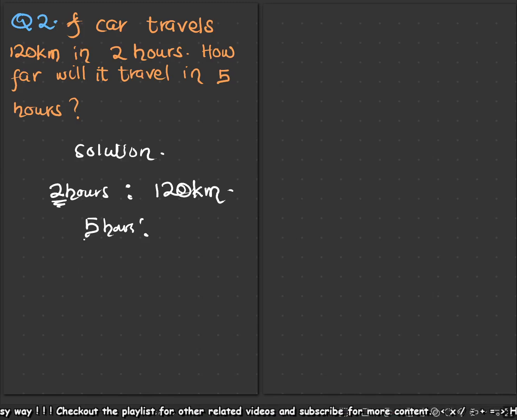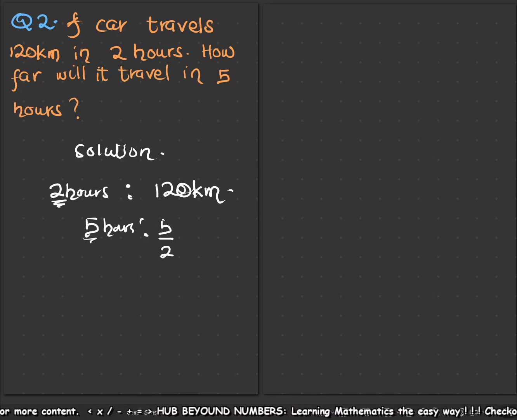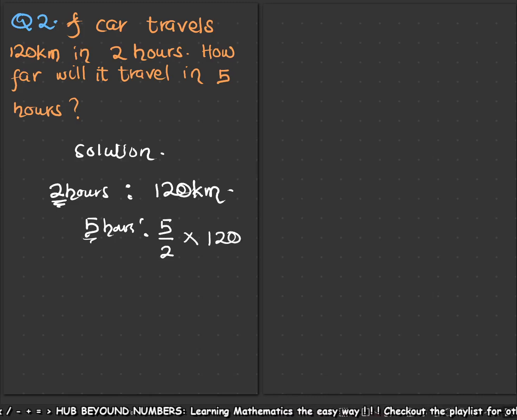So we compare 5 and then 2. Then ask ourselves, which one is less? As you can see, this here is less. So that is what is going to do the division. Then the bigger one becomes our numerator times 120. This is just a matter of fractions.